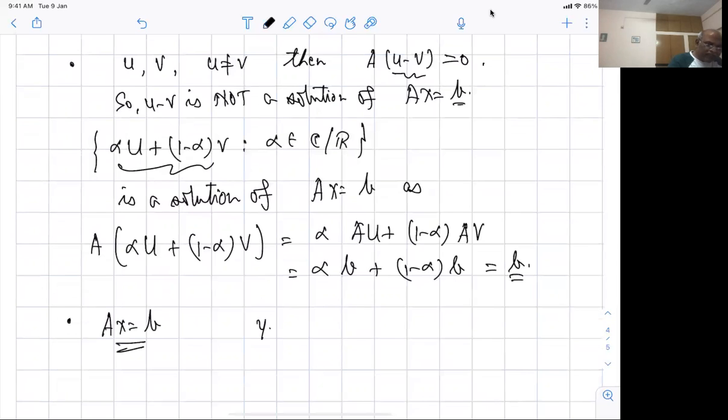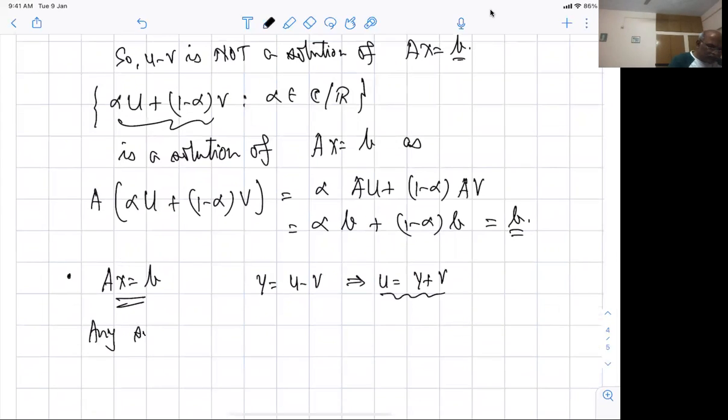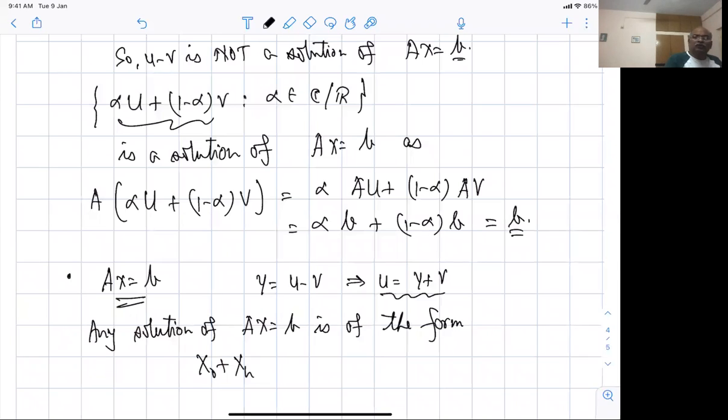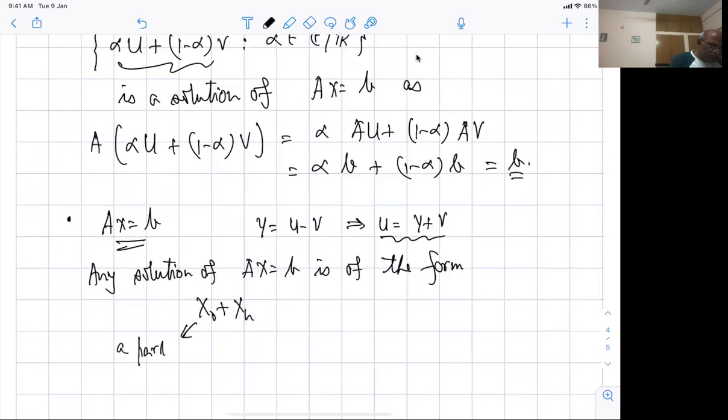I wrote y as U minus V, where U and V are distinct, so from here you can say that U is nothing but y plus V. So any solution of the system Ax equal to B is of the form x naught plus xh, where x naught is called a particular solution of Ax is equal to B, and xh is called a solution of the corresponding homogeneous system. All right.